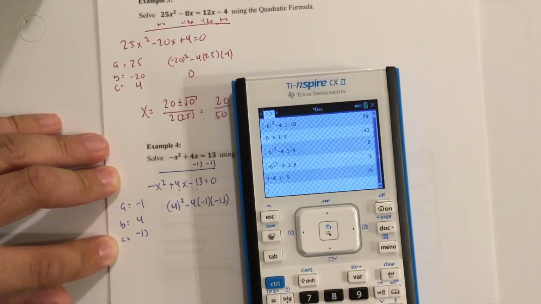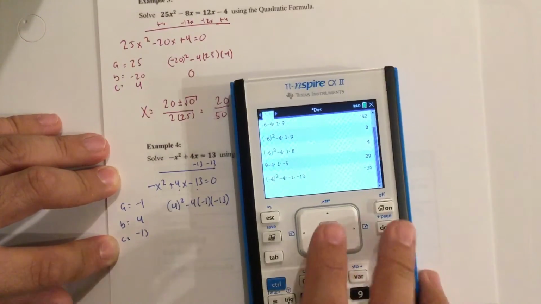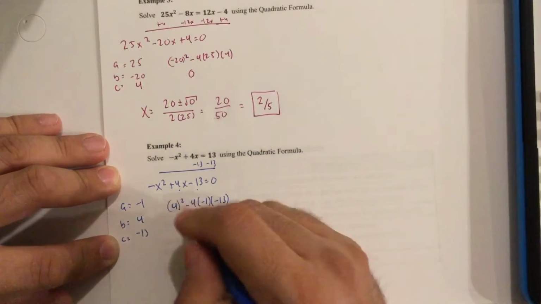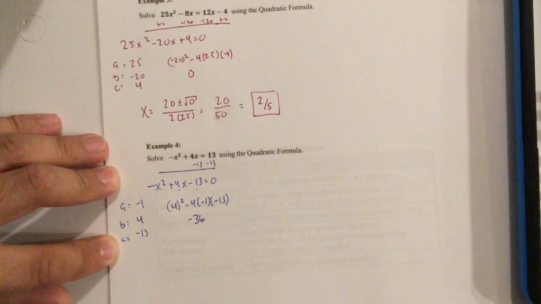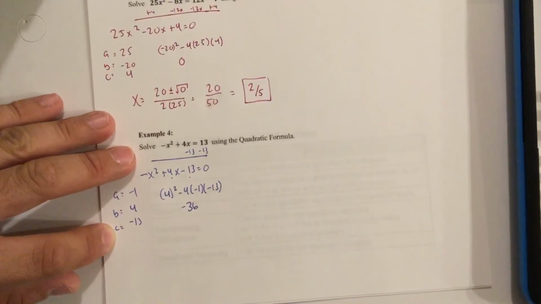All right, so let's see if we can do this one. And we get negative 36. So negative 36 tells me I'll have 2 imaginary numbers, but when I'm working it out algebraically, I should have an i in my solution because it is imaginary.